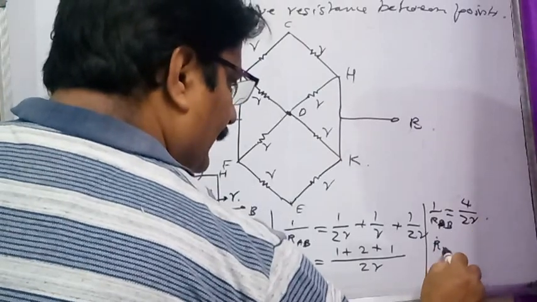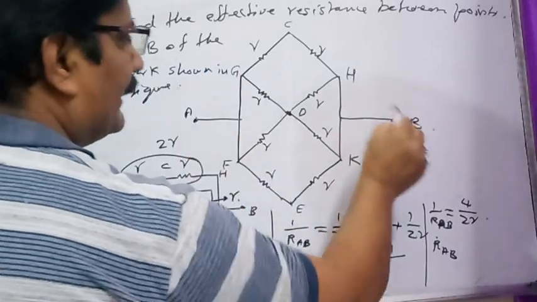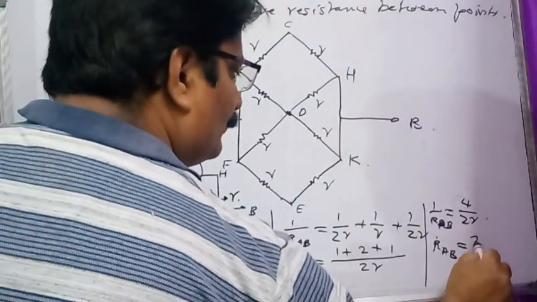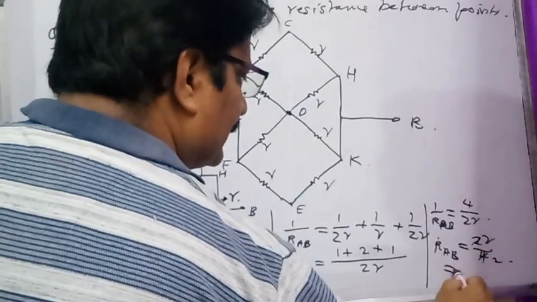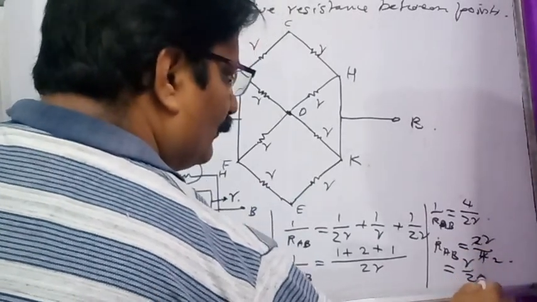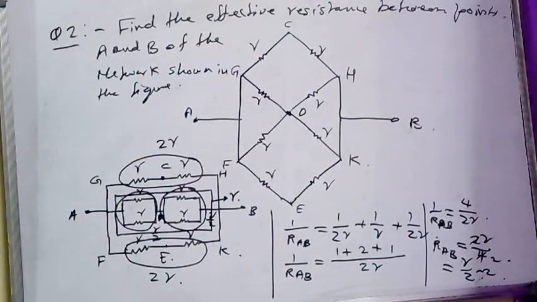So the value of RAB, the effective resistance of the network between points A and B, is going to be 2R divided by 4, and the answer is R by 2 ohm. So this is the final answer for this question.